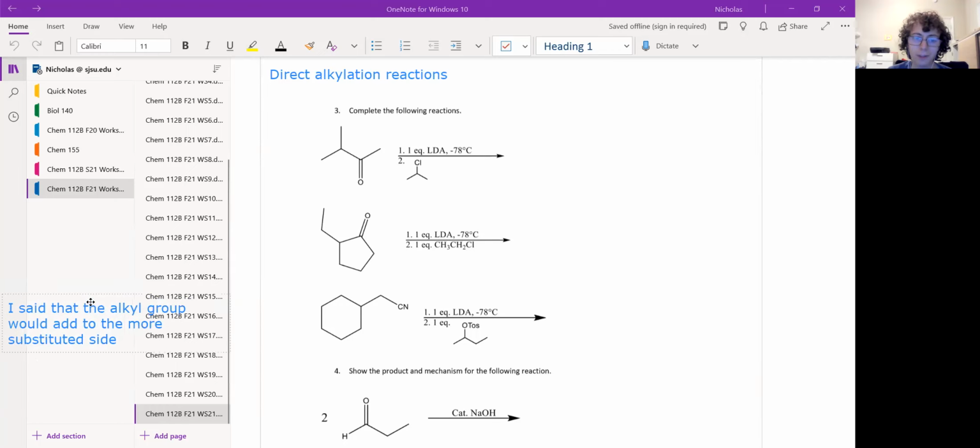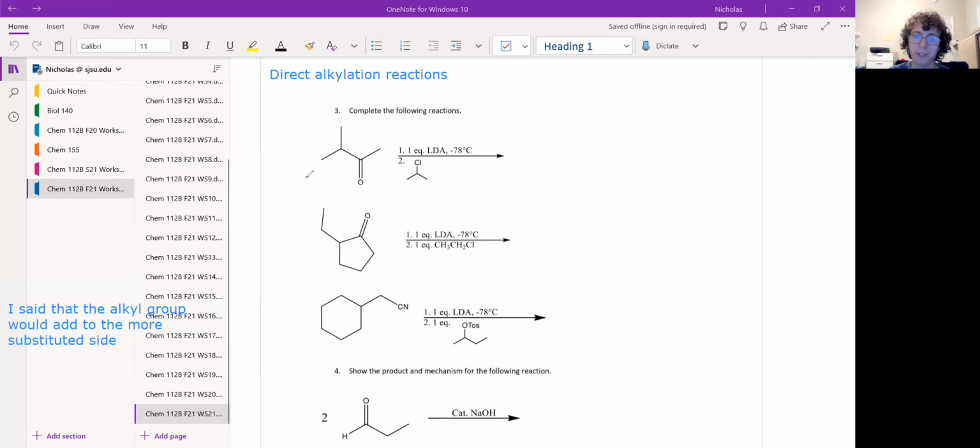Like if you have a ketone and you're doing a reaction like this, I was saying it would add to the more substituted side. So like this structure, it would add here because that's the more substituted side, alpha to the ketone.